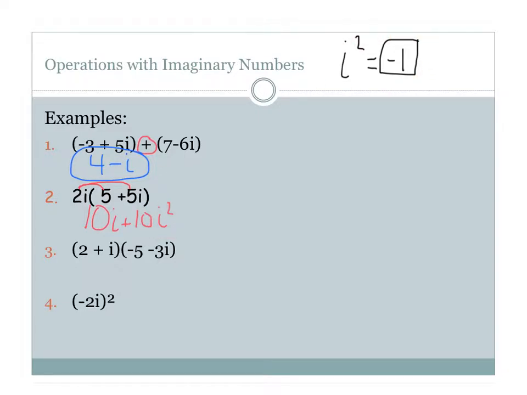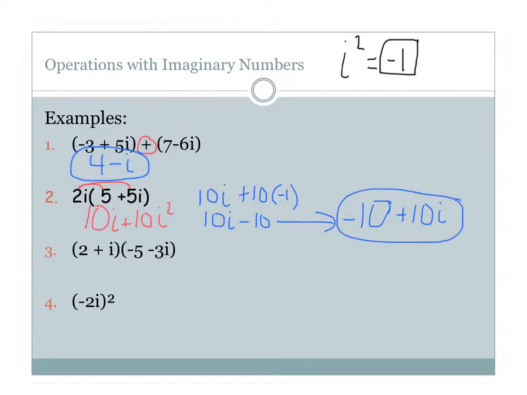If I have 10i plus 10 times negative 1, what I really have is 10i minus 10. And the way I like to write these is the real number first, and then our imaginary number. So it's going to be negative 10 plus 10i. All right, real first, then imaginary.